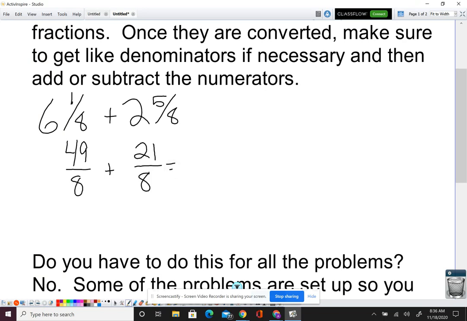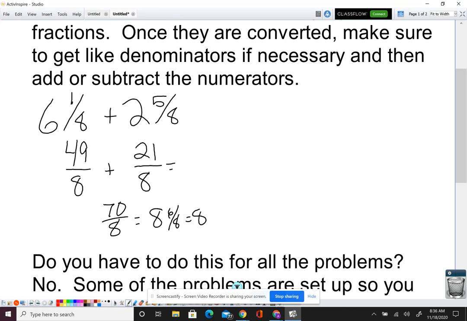So they have the same denominator. So we can go ahead and add 49 and 21, and we get 78. And 8 goes into 78 9 times with 6 left over.